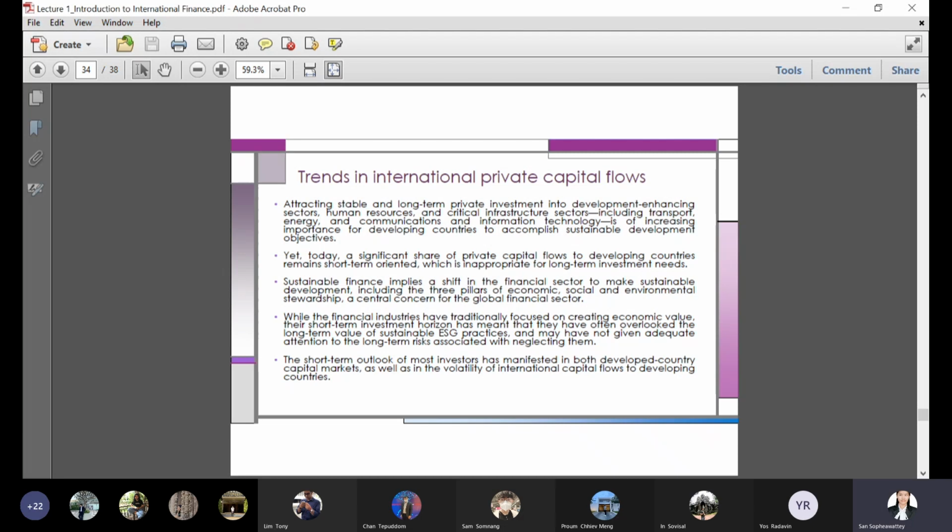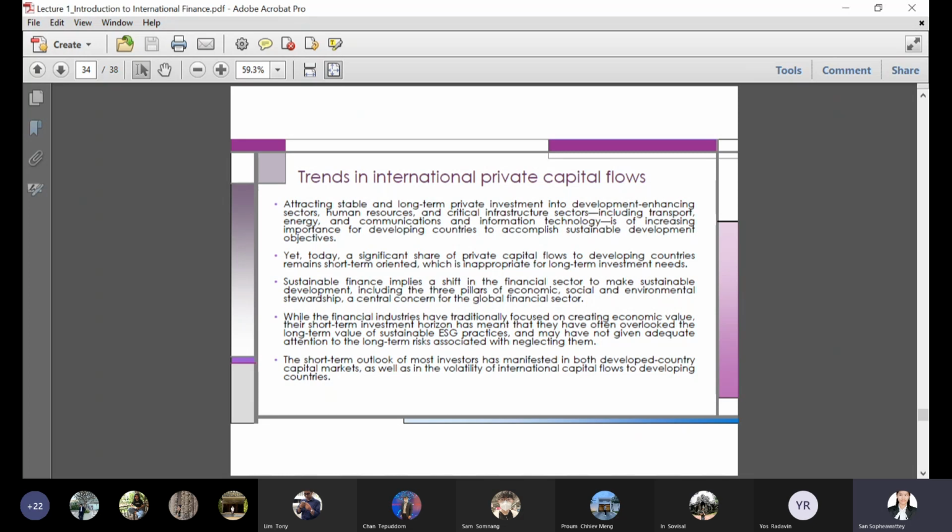While the financial industry, as I mentioned, traditionally focused only on creating economic value, their short-term investment meant they overlooked the long-term value, the sustainable ESG. Now they have made a shift from creating only economic value, I mean profits, to more sustainable practices.